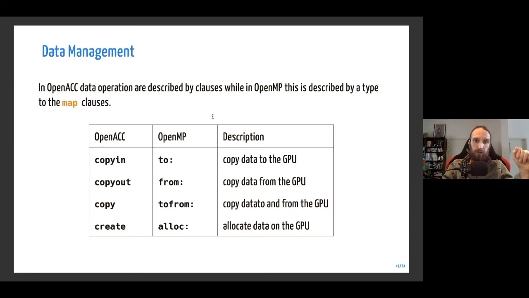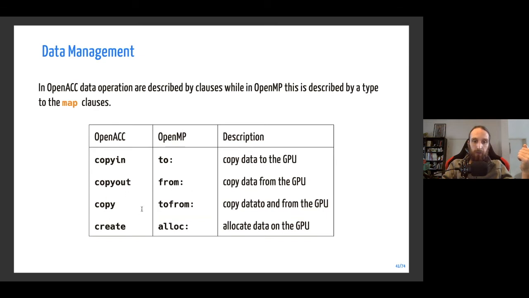So a summary of the way you manage data is that in OpenACC you just use clauses, and in OpenMP you use the map clauses with additional options. In OpenACC, if you want to just copy the data to the GPU but not back after the computation, you use copyin, and in OpenMP you use to. Copyout is when you want to copy the data at the end of the data region, but you don't need to initialize it before the computation starts, so it's copyout and from.